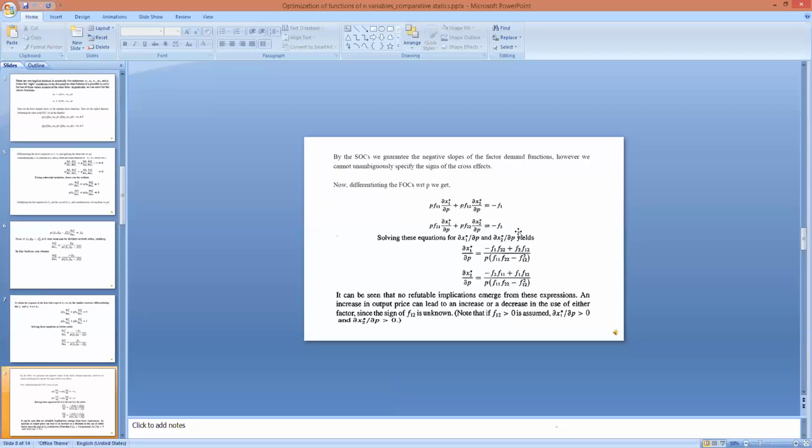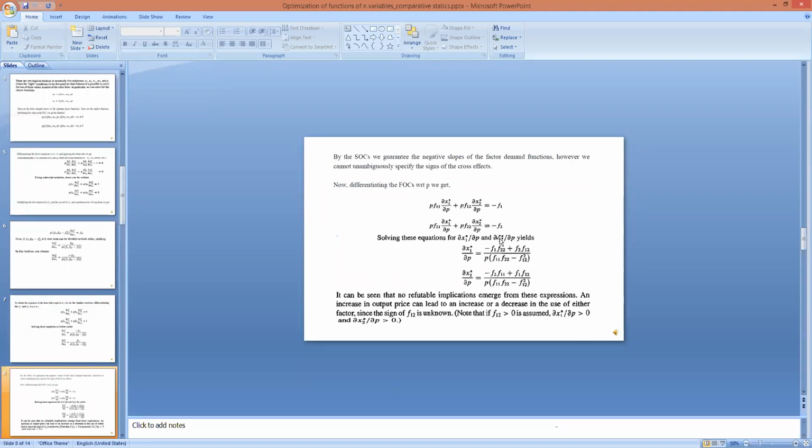The similar thing is happening for the second equation. There was also the revenue function, which is price into quantity. So when we are fixing V, that is F1 or F2, we are getting this expression.